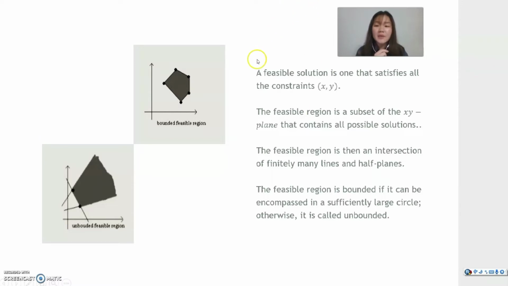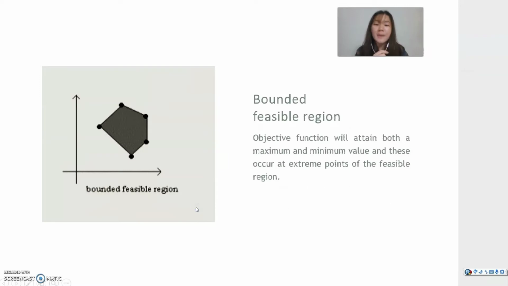The diagram on the left-hand side shows a bounded feasible region, and the lower side shows the unbounded feasible region. For a bounded feasible region, the objective function will attain both a maximum and minimum value, and this occurs at extreme points of the feasible region.